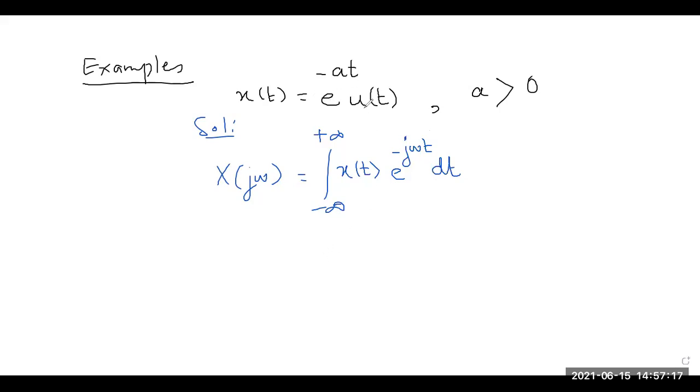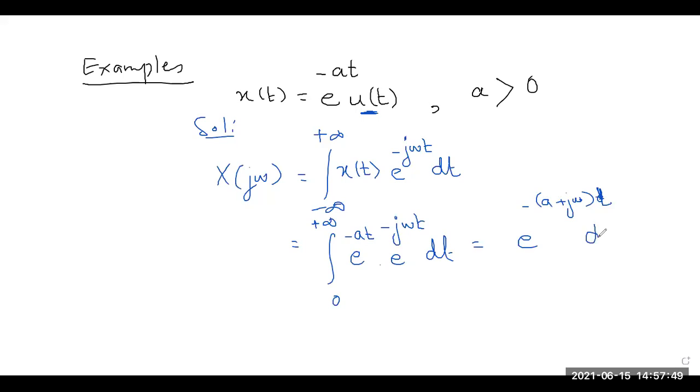Now the signal that we have, it's u of t. So it means we have to integrate from 0 to plus infinity. And then you have e power minus a t, e power minus j omega t, d of t. So this is represented as e power minus (a plus j omega) t, from 0 to plus infinity.